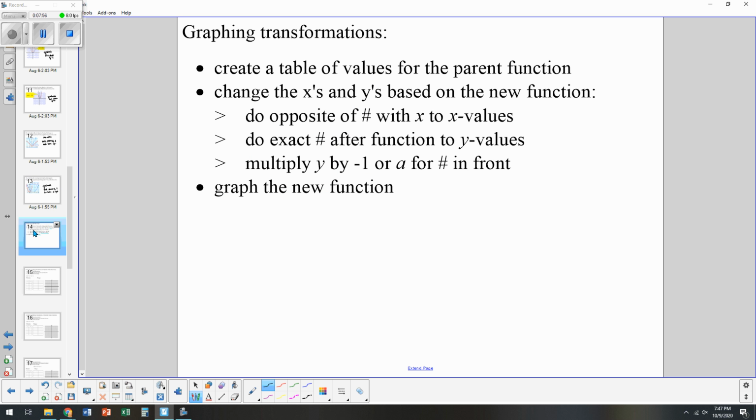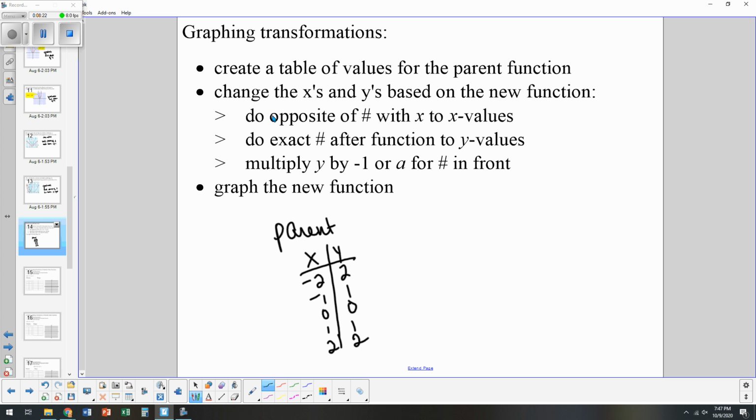For graphing transformations, we're going to create a table of values for the parent function. So if you recall, we're going to focus exclusively right now on absolute value. So the parent function is going to be originally x and y, and we're going to plug in -2, -1, 0, 1, 2. And because we're taking the absolute value of all these, we're just getting the positive values back.